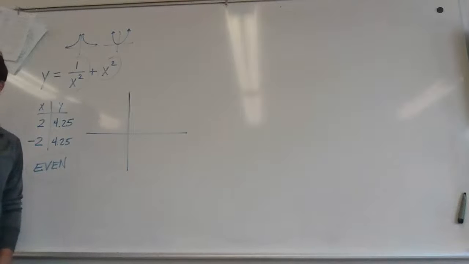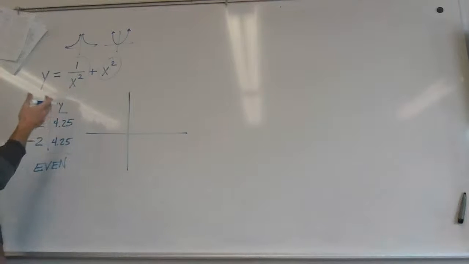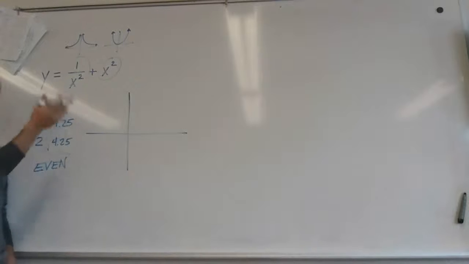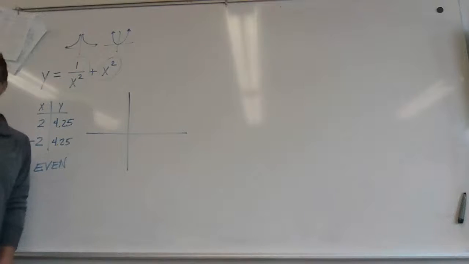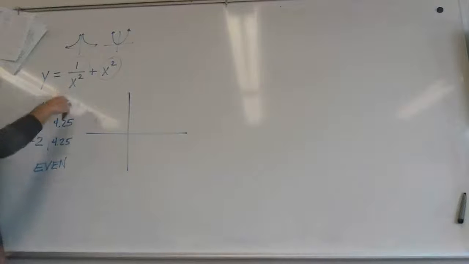0.01, a number like that. Which of these terms would be bigger if we plugged in 0.01? This one. If you plug in 0.01, this guy's gonna be tiny. 0.01 squared is 1 over 10,000, a very small number. But if you plug it in here, it's 1 over 1 over 10,000, which is gonna be a huge number.